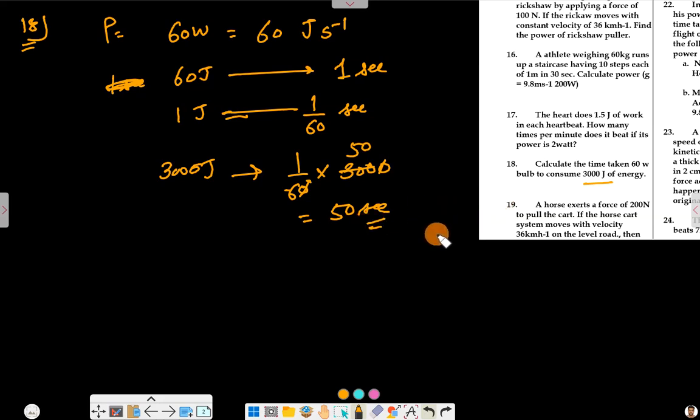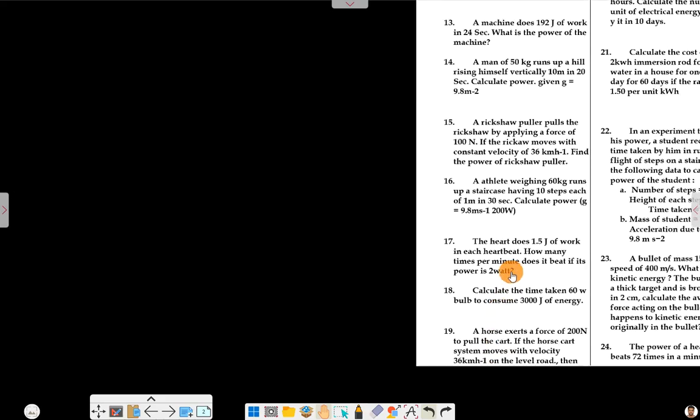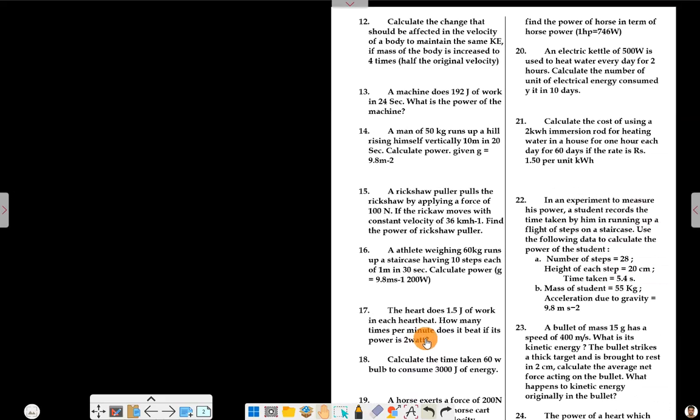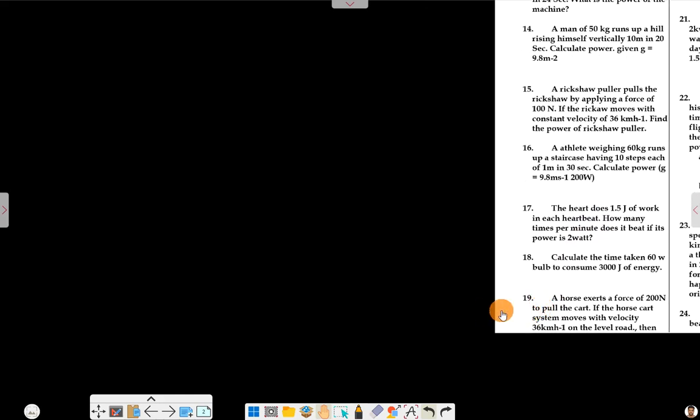Coming to question number 19. Find the power. So we have to find the power. In question number 19, it is mentioned that a horse exerts a force of 200 Newton to pull the cart.